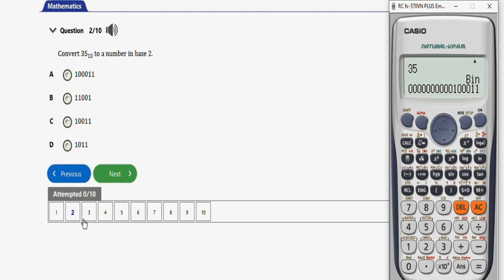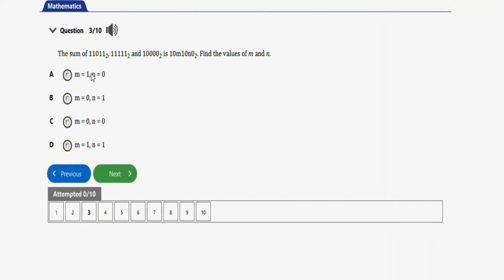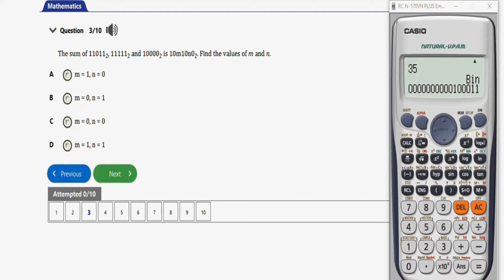Let's go to the next one, question 3. It says the sum of this and this in base 2 is this. Find the values of m and n. Also very simple. Let's do this with the calculator. So for this question, this is in base 2. Let's wipe this.